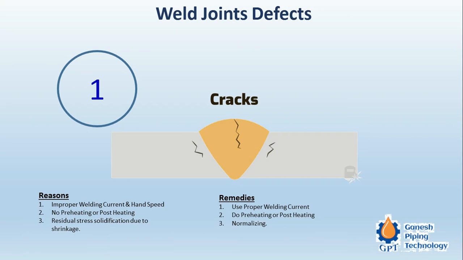For example, the life of a plant is 20 years or 7,000 cycles, whichever is earlier. So when we say this is X-ray qualified welding, that means there will be no crack in this weld during the life of the plant, that is 20 years or 7,000 cycles. This is the bottom line for X-ray qualification.